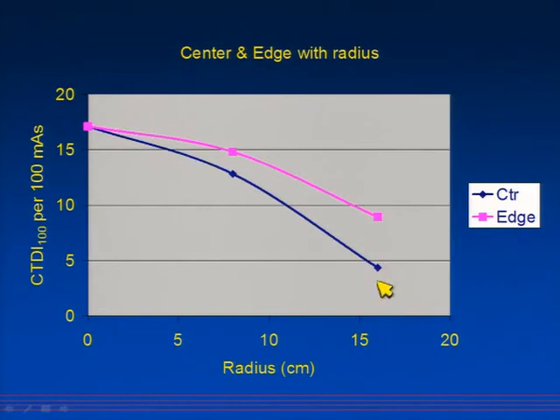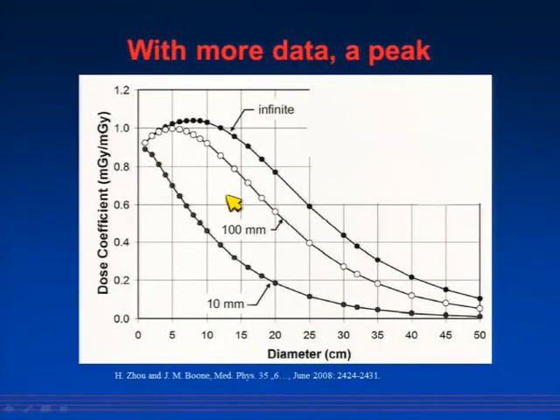For our larger phantom, notice they differ by roughly a factor of 2, and this is what all of you have seen, at least at 120 kV, and it doesn't vary all that much as you change kV. They're much closer together for the smaller phantom, and if you measure in air, which you could think of as an infinitesimally thick phantom, of course they converge because the center and the edge are at the same place.